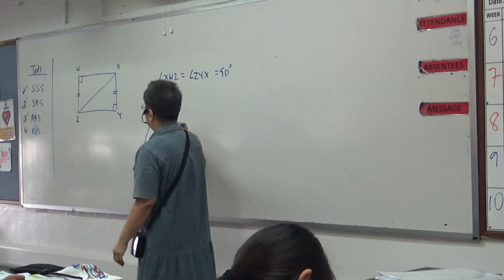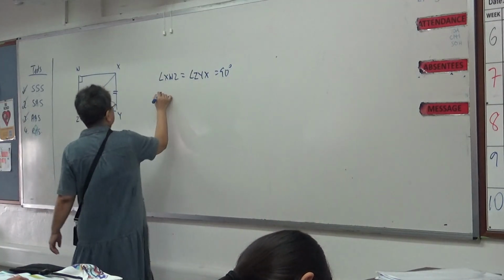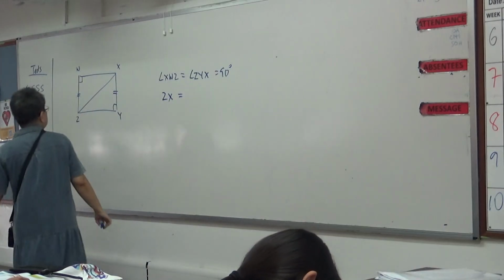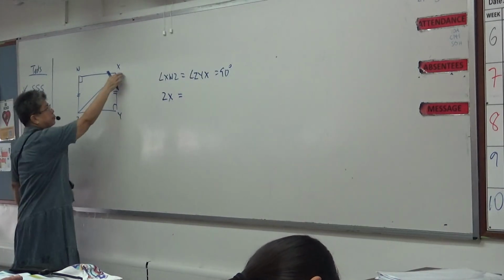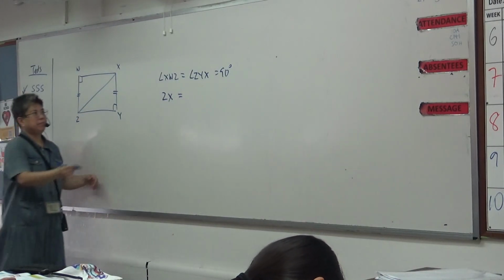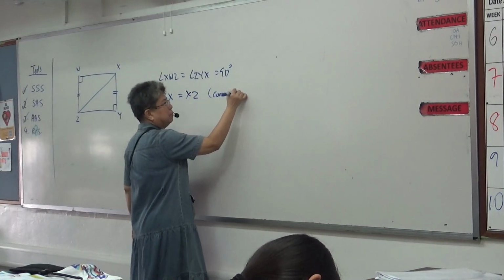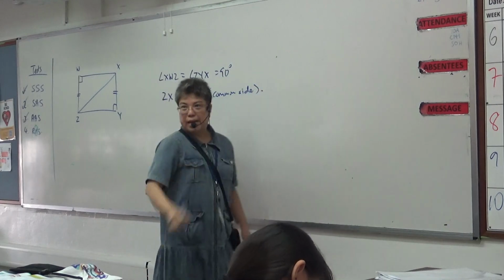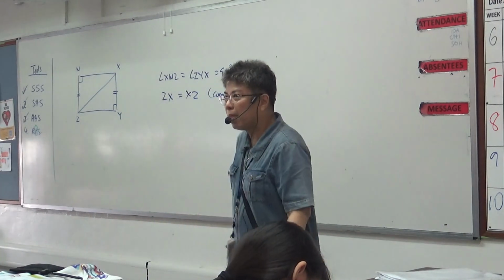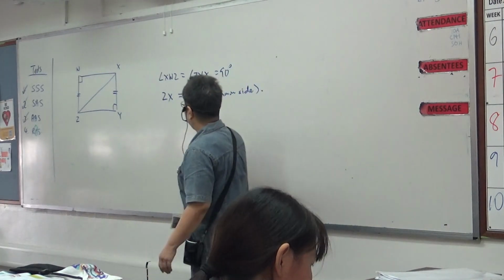Now, hypotenuse ZX is equal to XZ, right? This is a common side, correct? Now, some people ask me, how come you flip?